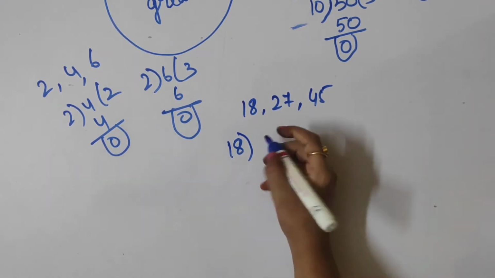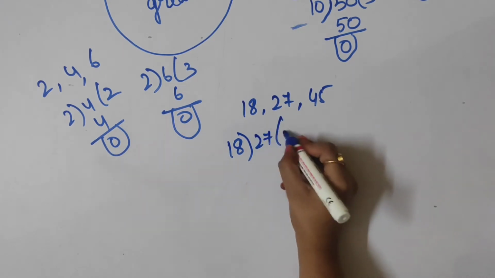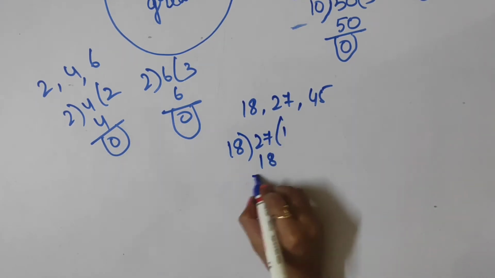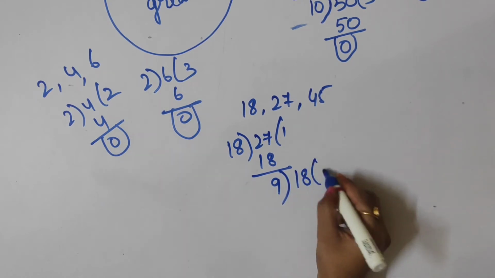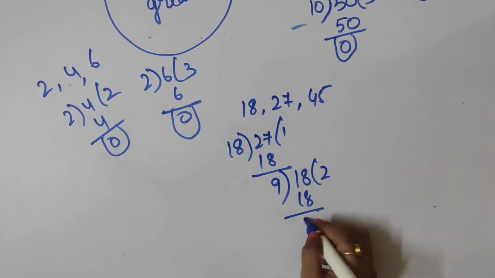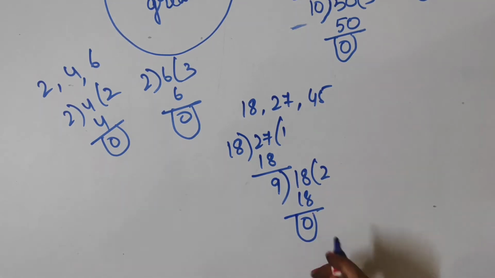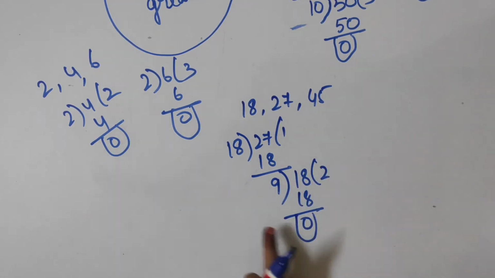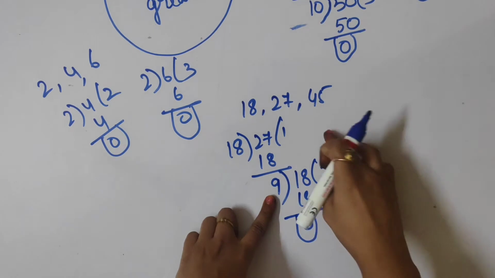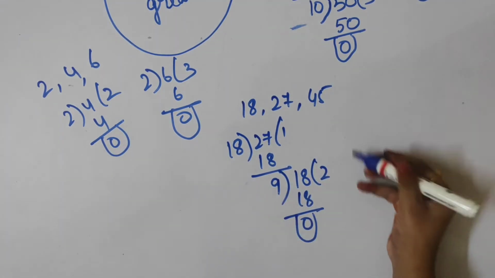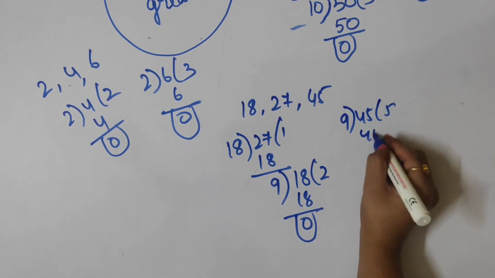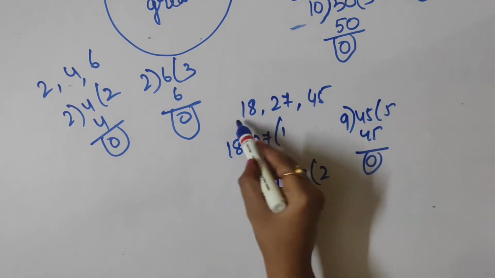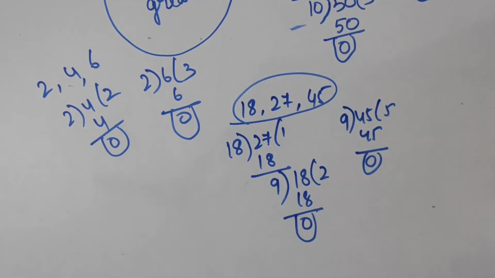I would like to take 27. So 18 ones are 18 and the remainder is 9. 9 2s are 18 and now the remainder is 0. So we need to divide 45 by this HCF, which is 9. 9 5s are 45, and all these three numbers are divisible by 9.